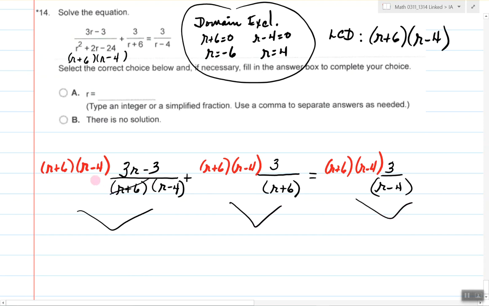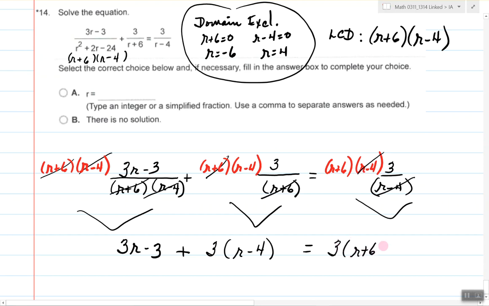For the first one, the r plus 6 and the r minus 4 both cancel out, and I have 3r minus 3 plus sign. The r plus 6 divides out, and I have 3 times r minus 4 equal sign. The r minus 4 divides out, and I have 3 times r plus 6.